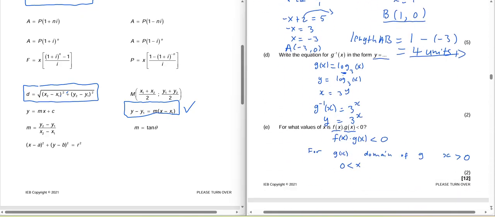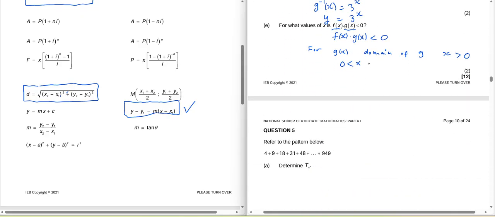So that is the domain we can consider. So for x less than 2, that is another possibility, right? Now, because we are trying to figure out where this is going to be valid, for the product of f of x and g of x, we require x to be greater than 0, but then also we can require x to be less than 2.